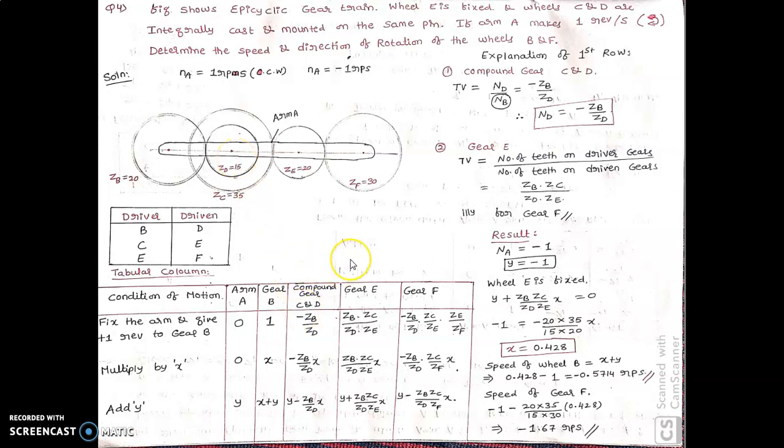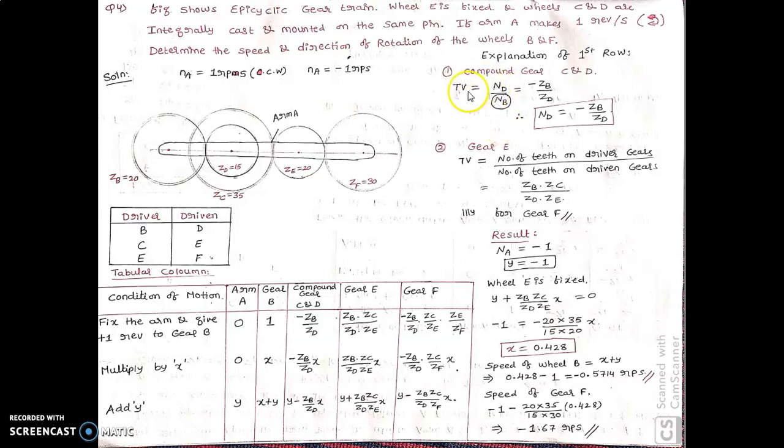See, in the very first class we discussed train value. Train value is the reciprocal of velocity ratio, okay. The train value formula is the speed of the driven gear to the speed of the driver gear, okay.